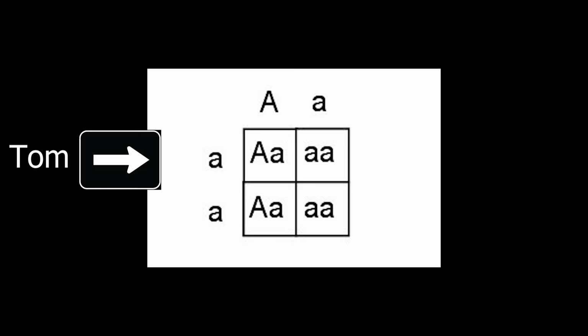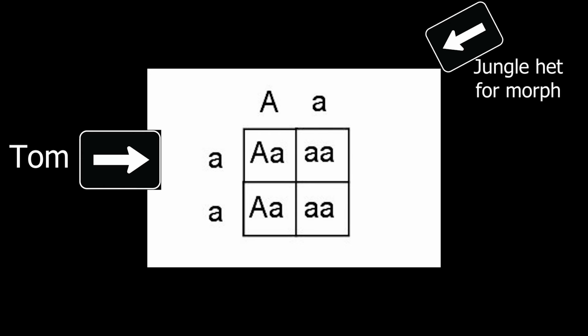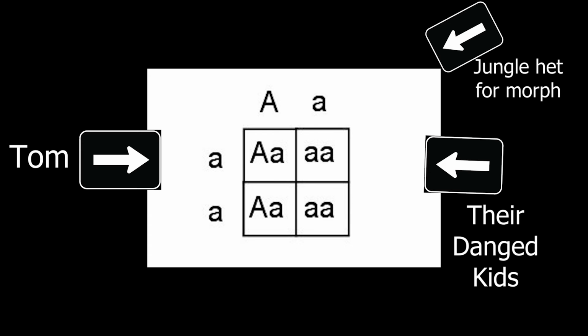This leads me to the final Punnett square that I want to talk to you guys about. This here is a display of an animal that is homozygous for the recessive trait. So Tom, he displays the traits, the attributes, the pattern, the coloring of the genetic morph. And if we combine him with, say, a visual normal jungle, but they are het for the morph, this is what you get.